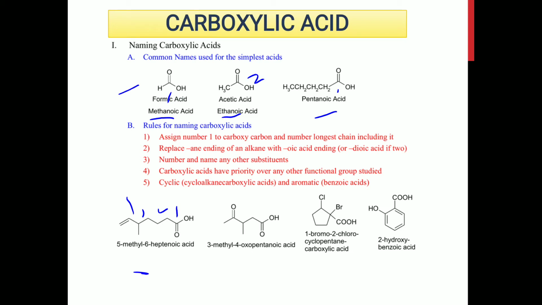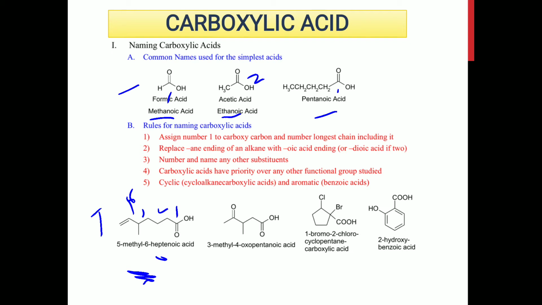Now look at the first structure here. We have 7 carbons in this structure, so for 7 carbons we use the parent heptane, right? But the 6th and 7th carbons have a double bond. A double bond is represented by ene, alkene.